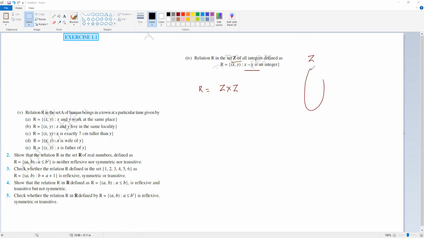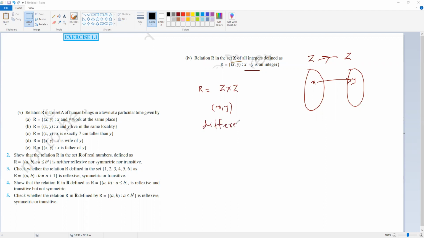Your set is Z, your set is Z, your relation is from Z to Z. So take any integer here, and another integer here, so x comma y, and the difference of any two integers is an integer, isn't it?